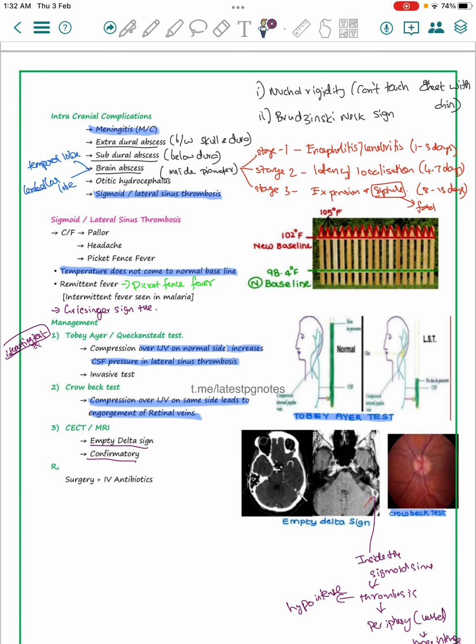Then the treatment is surgery plus antibiotics. You can see the Crowe-Beck test: the veins are engorging due to the obstructed lateral sinus. Here also, due to the obstructed lateral sinus, you can feel the increase in pressure. Here you can see the sinus is absent; that's what the MRI can show us.